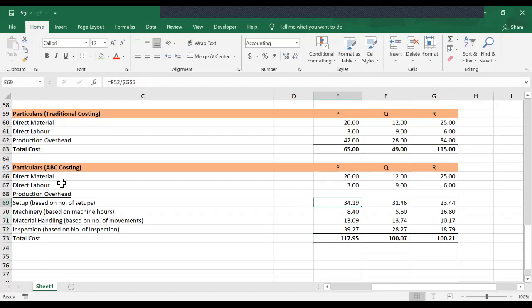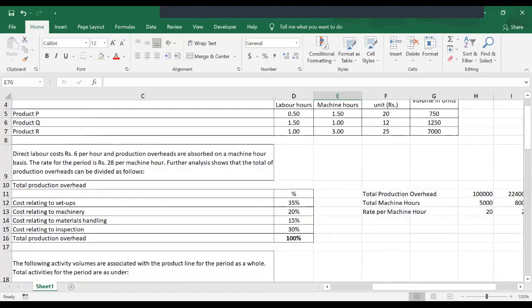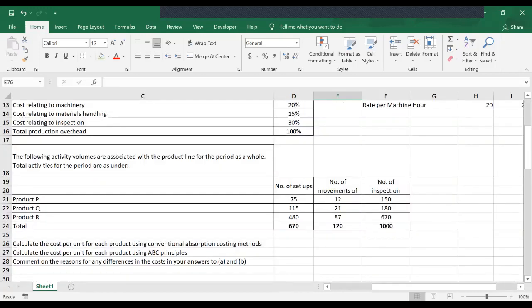You can see there's a significant difference in the production overhead. When comparing traditional costing and ABC costing, the direct labor and direct material are the same, so that does not have any impact. But the production overhead here is only 42, and over here it is 94.95, so that creates a difference as a whole. You can go through the figures and find out why there are changes.